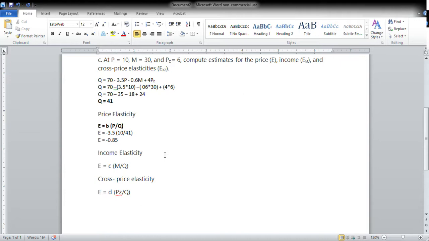But I just want to talk you through the formula so that you know what goes into them. So for our income elasticity, the formula that's shown in the book is E equals C times M over Q.